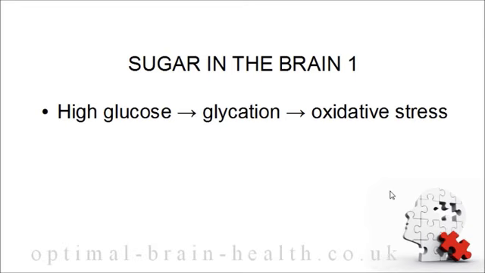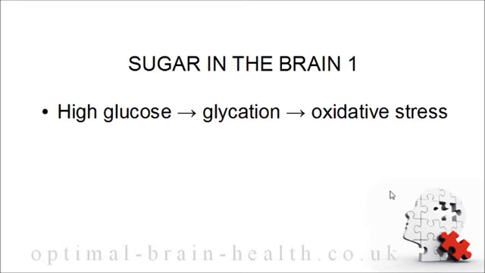So when a molecule has become glycated, it's not just that it's functionally useless, but it actually becomes a source of free radicals. We met free radicals back in Unit 2. They are highly reactive molecules produced as a kind of exhaust fume from the cellular energy production, and they need to be mopped up by the body's antioxidant defenses.